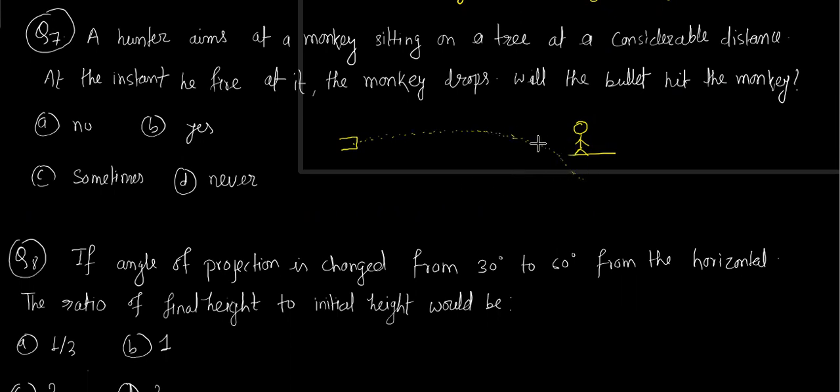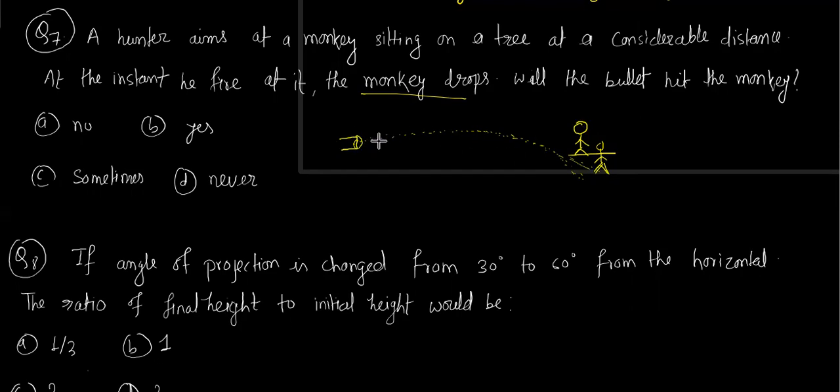That means the bullet is going to miss the monkey if the monkey stays at its position. But as the question says, the monkey drops, so the monkey moves downward, and then there is a chance for the bullet to hit the monkey.